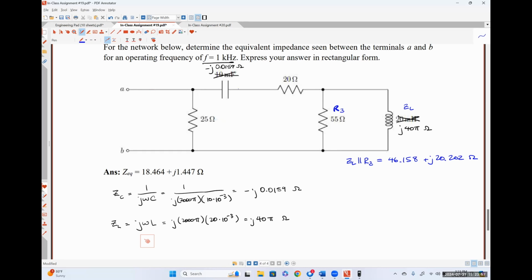To that, I would add this and this in series.